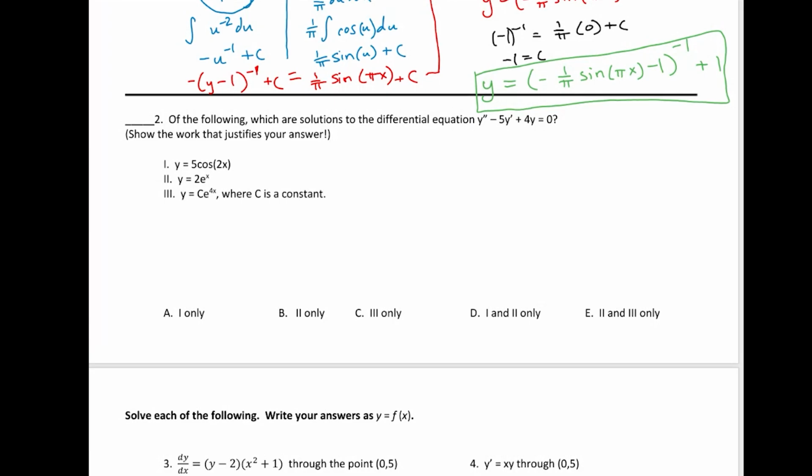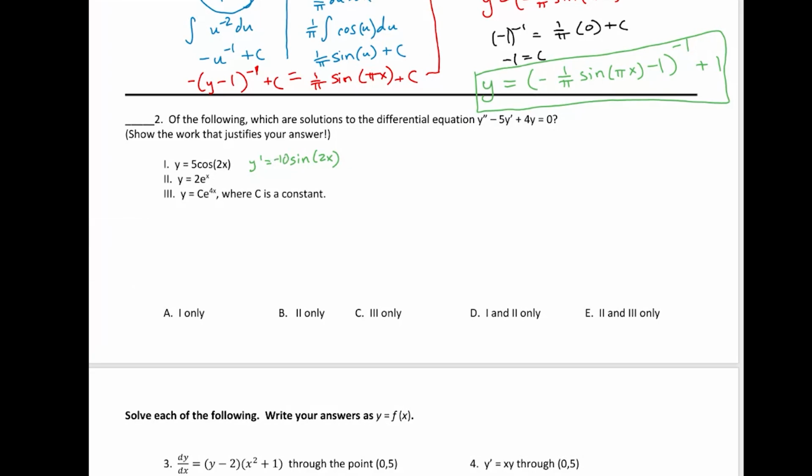So if that's y, then y prime is going to be, now the derivative of cosine is negative sine. So we have 5 times negative sine. So I'm just going to put the negative out here. Sine of 2x, and then using the chain rule, we're going to multiply by 2. And I might as well just combine it all at this point. 2 times -5 is going to be -10. So there's y prime.